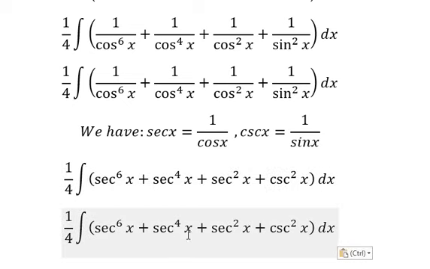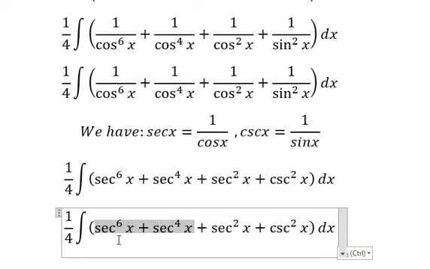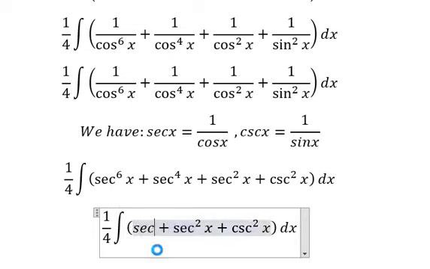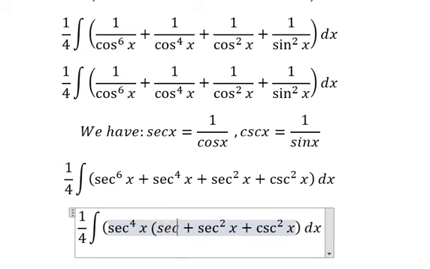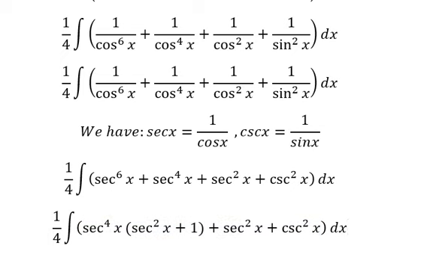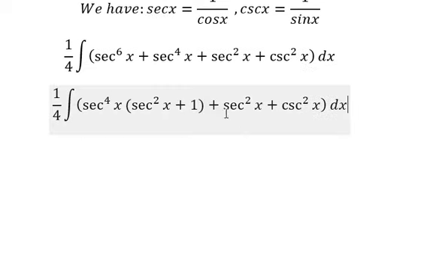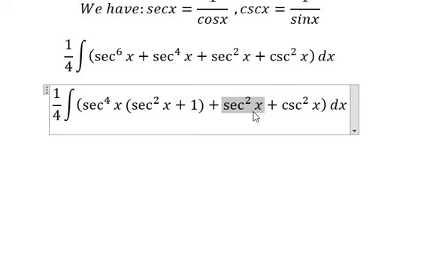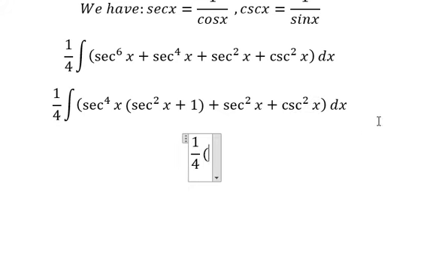Next, this one and this one we can do factorization. So the integration of secant squared s gives tan s. This one we have negative cotangent s. So we can put like this.